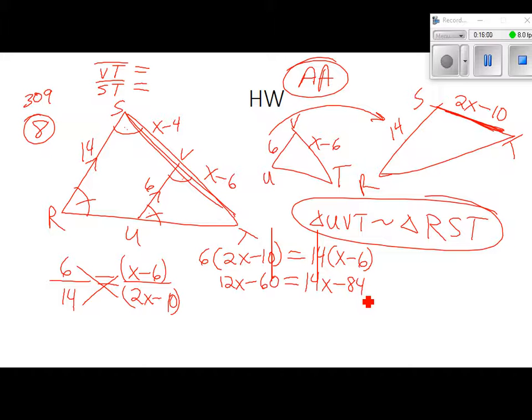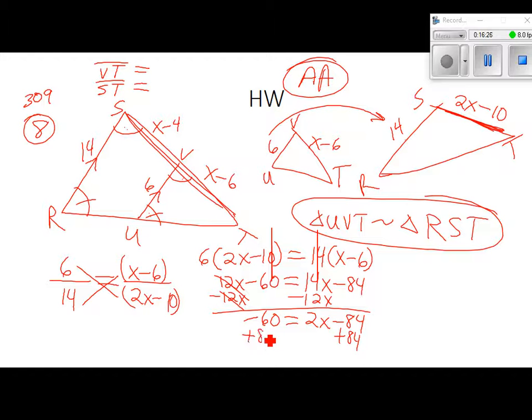Get them all together. Which one are we going to move? The 12x or the 14x? So subtract 12x on both sides. Over here, what's that leave you? Be careful. Negative 60, good. On the other side, what's it leave you with? 2x minus 84. Now what? Add 84 to both sides.